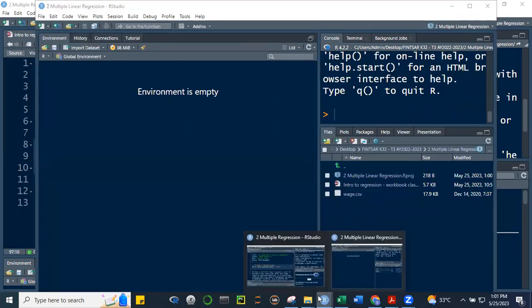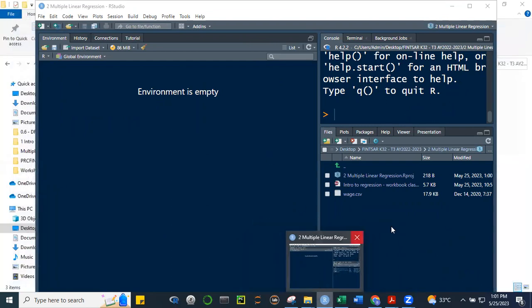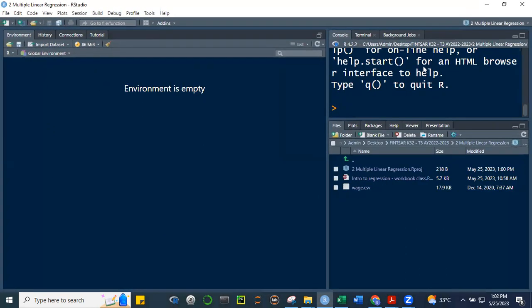Okay, let me close this. Okay, so this is now FINTSAR K32, no? Ito yung directory natin. And then number 2, multiple linear regression. So that's now our new project. Maximize ko to. And then these are the 2 files that we loaded to our project.